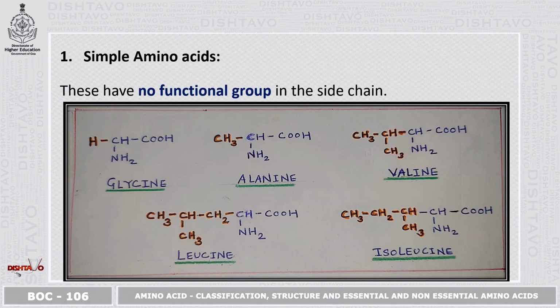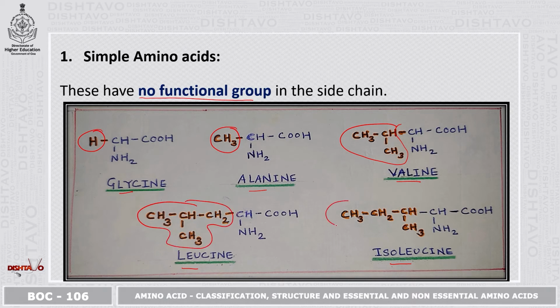Coming to the first one, simple amino acid. So, these have no functional group in the side chain. And these are the examples which come under simple amino acid. We have glycine, alanine, valine, leucine, isoleucine. So, you can see here, this is a non-functional group that is attached to the carbon.